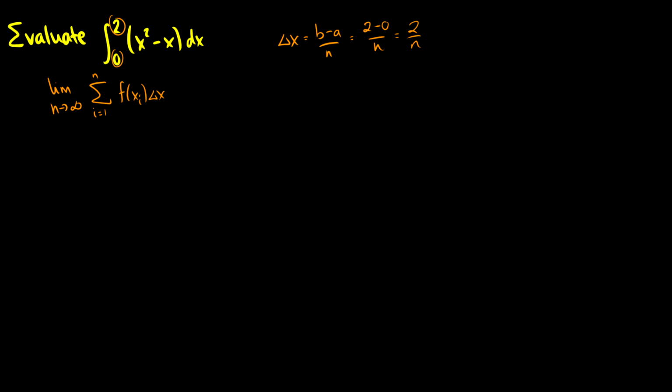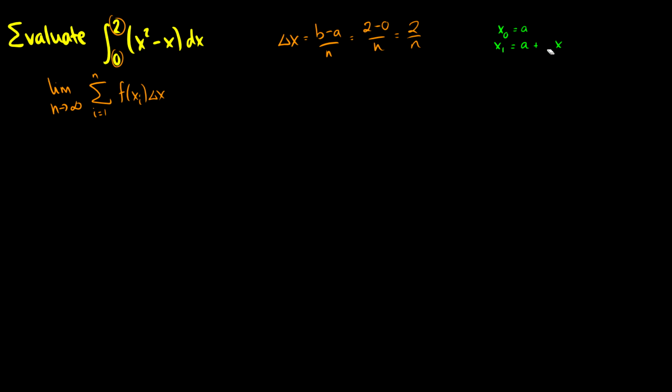Now, what I haven't taught you is how to calculate this xi. But what you might remember from the previous video is that x0 is equal to a, x1 is equal to a plus 1 times delta x, since we add the interval delta x one time to get to x1.